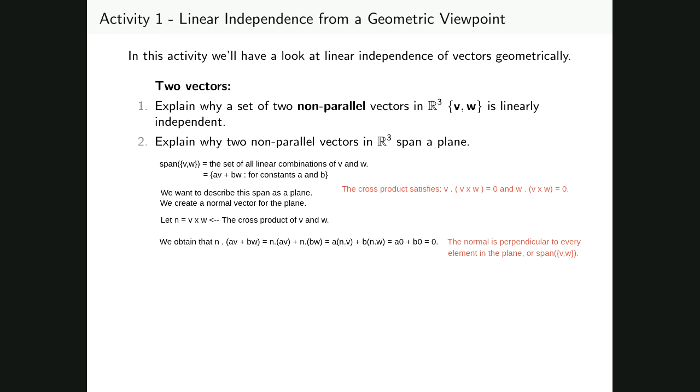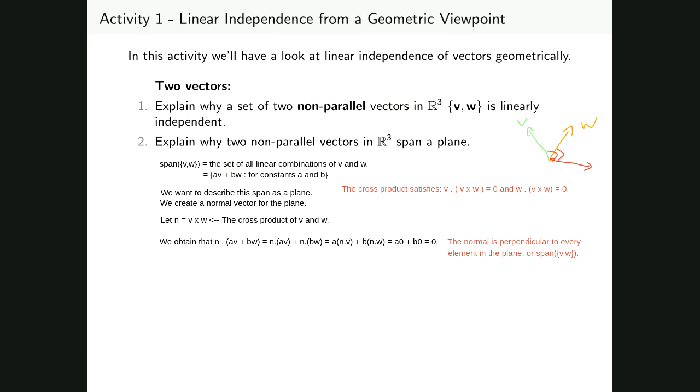Okay, excellent. So this describes why these two vectors span a plane. Okay, and just to look at that visually or geometrically, right, we'll have our vectors again, w and v. Now when we take this cross product, we get a normal vector, which is going to be at right angles to both of those.